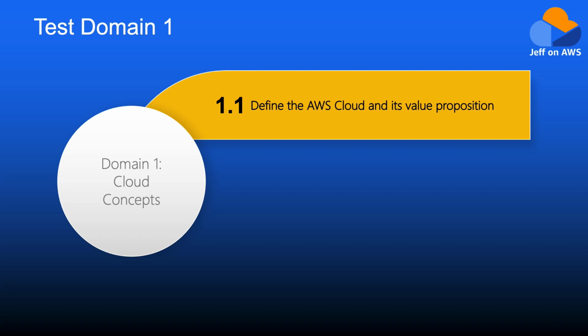Some of the topics and benefits that you'll be learning about with the AWS cloud are the security that it offers, the reliability, things like high availability, agility, scalability, pay-as-you-go pricing. All of these things contribute to the value proposition.